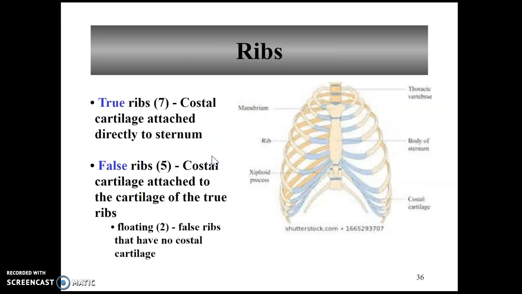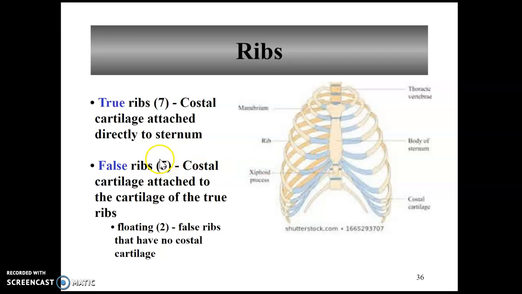So when we're looking at the ribs, you have what are called true and false ribs. The first 7 are going to be called true ribs because you can see these costal cartilages. The hyaline cartilage that makes up the costal cartilage is attached directly to the sternum. So the first 7 are called true ribs because there's the rib, and then the cartilage, and it attaches directly to the sternum.